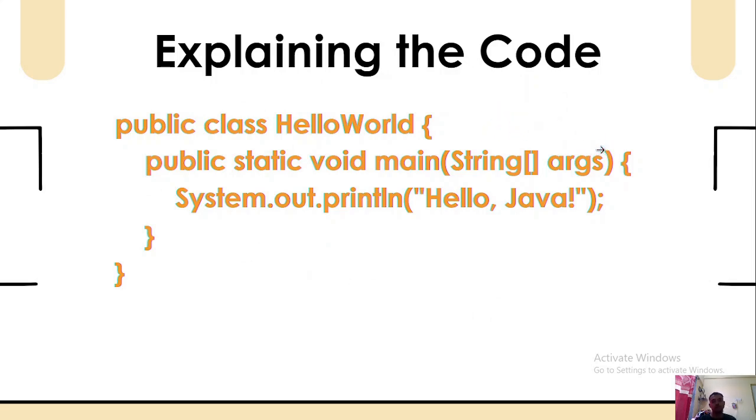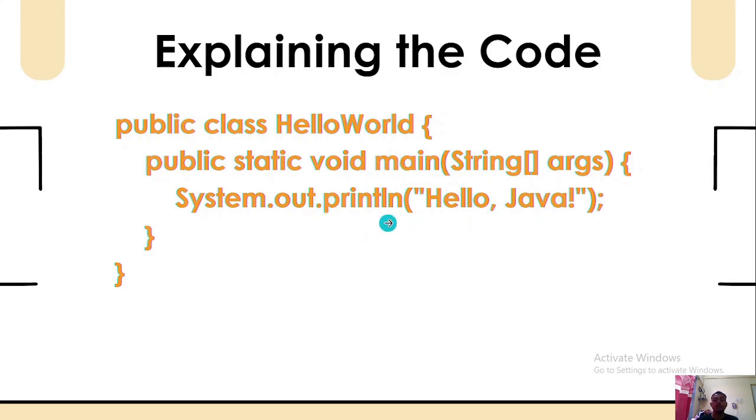Public class HelloWorld, here it is hello world, and I have taken the method public static void main string args, System.out.println hello Java. This is hello world, this is the class name, and this is the main method. What I said earlier, that Java will first run this method.